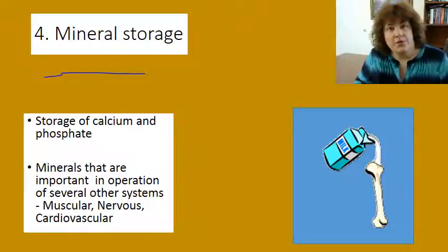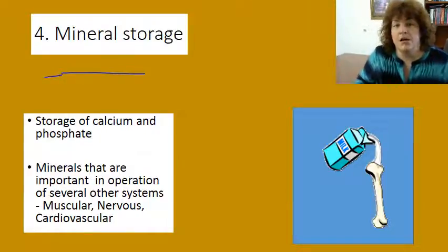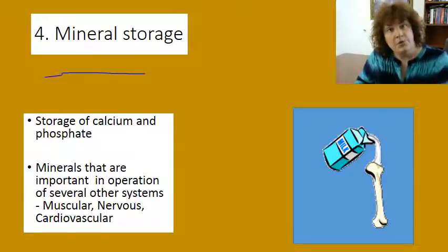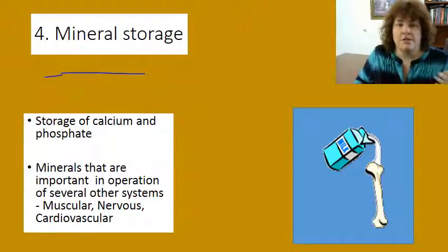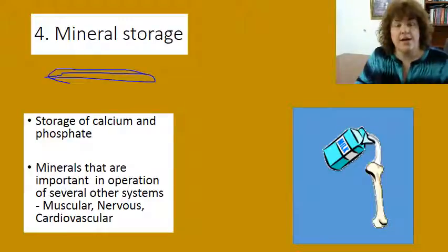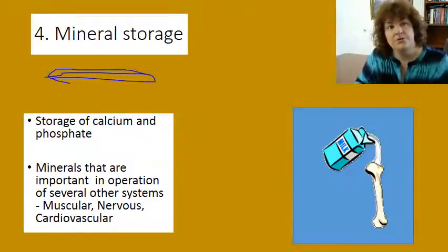It is used in nerve conduction and in blood clotting. So if you don't get enough calcium in your diet, you will take it from your bones, which unfortunately can lead to brittle bones that break very easily. So again, it's very important to get enough calcium in your diet for many reasons, not just for strong bones. So the function of bones is actually to store that calcium and phosphate for other uses in the body.